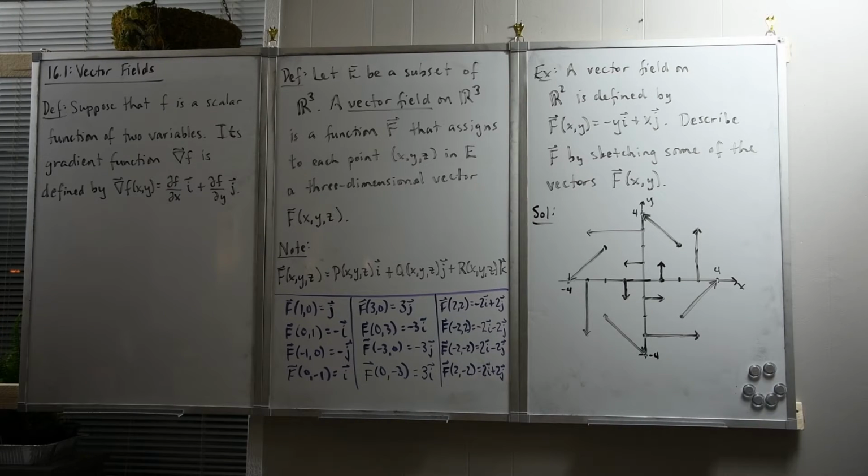Now, if you think about it though, this has the form of some sort of p of x,y times i plus q of x,y times j, which means that this really is just a vector field on R2.